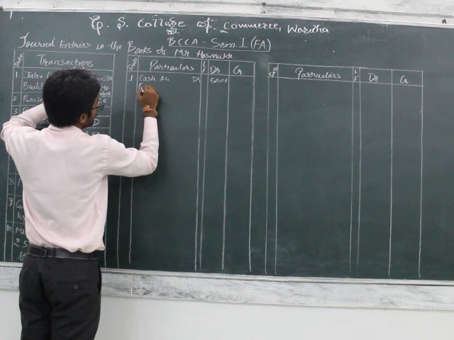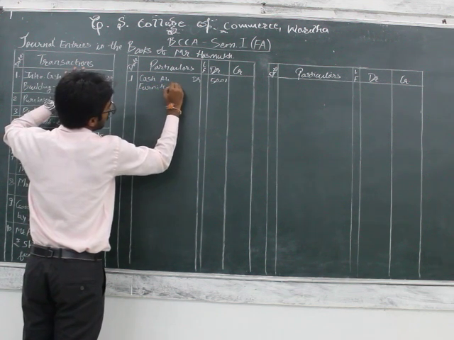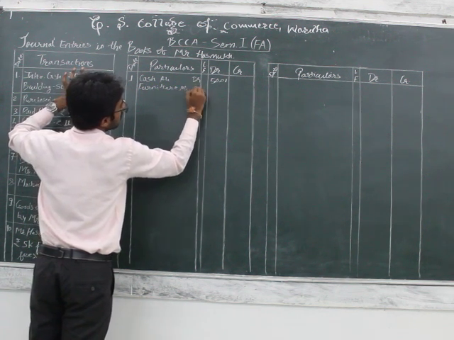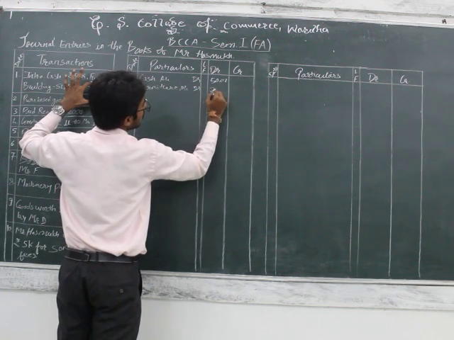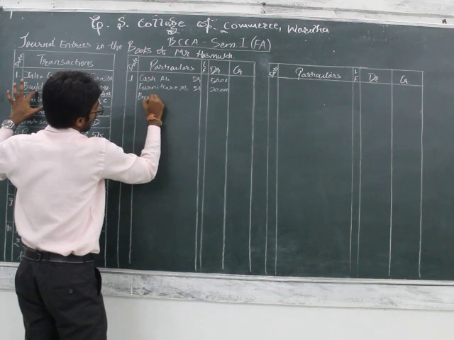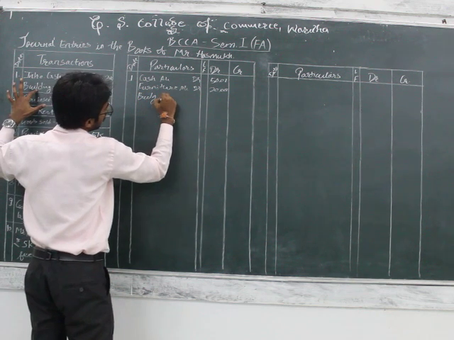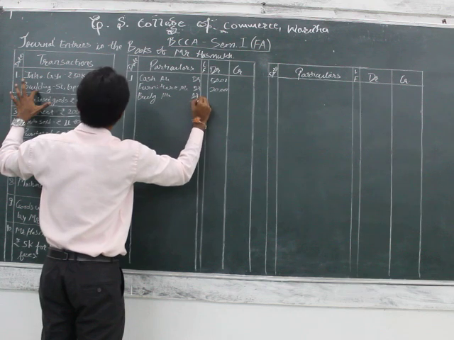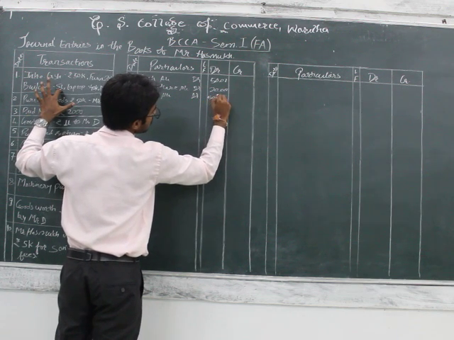The furniture account will be debited with rupees 20,000. Building account debited with rupees 5 lakhs.